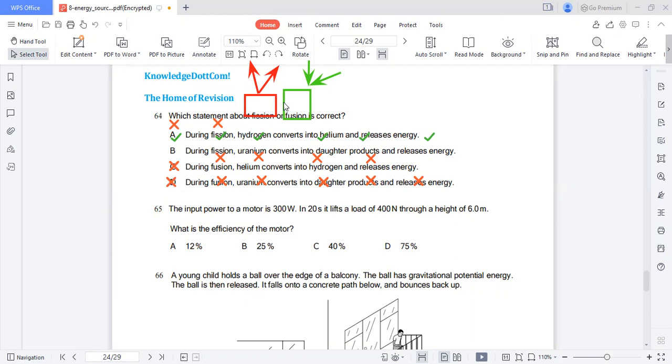So we have only one correct option, which is B. So this is the correct option.